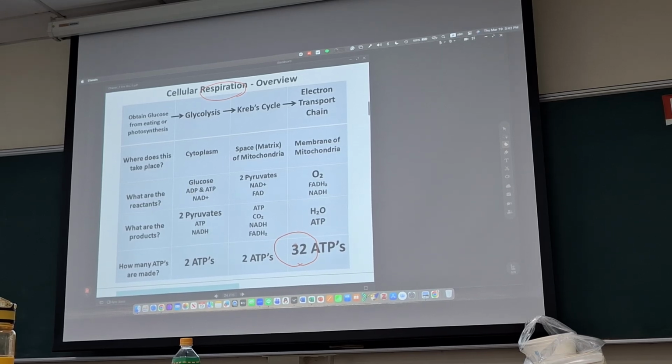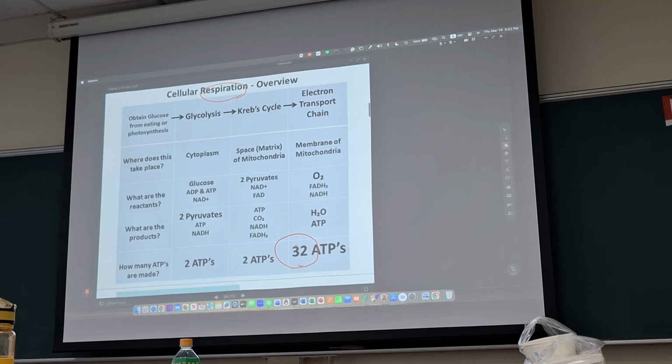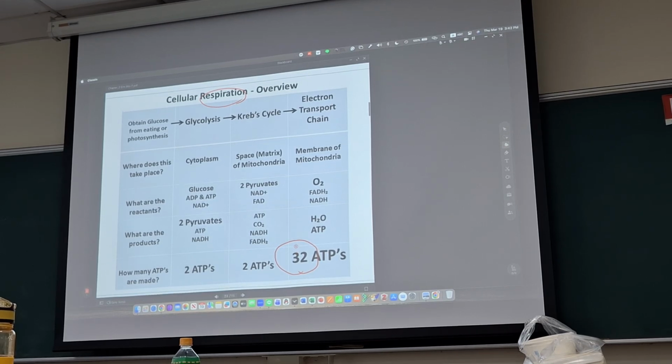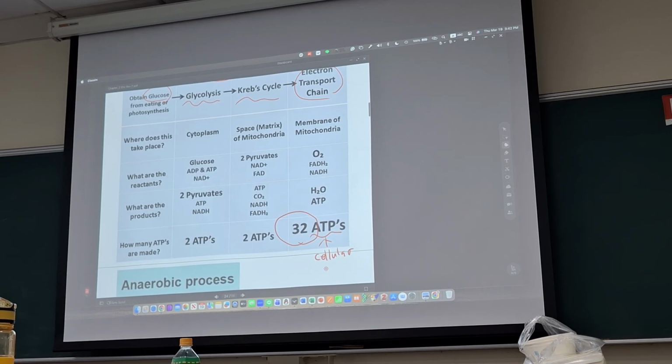So during the cellular respiration, it will produce 32 ATP. It starts from obtaining glucose and glycolysis, Krebs cycle, electron transfer. After that, it obtains 32 ATP. As I just mentioned, what's ATP? ATP is some kind of cellular energy.